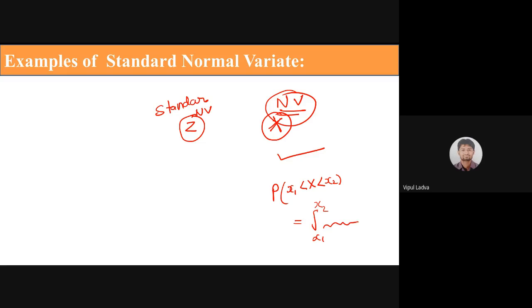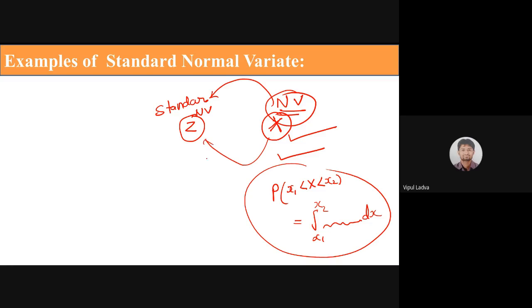That particular monster function will be here, which is not convenient. So each and every time when they are asking about the probability related to x, we will take help of z. So x will be converted into z using one of the formulas, that is z equals x minus mu divided by sigma. So indirectly in each and every question we will be dealing with standard normal variate.